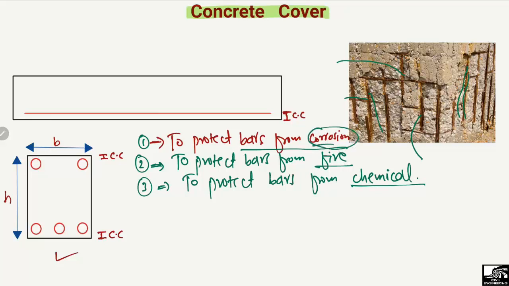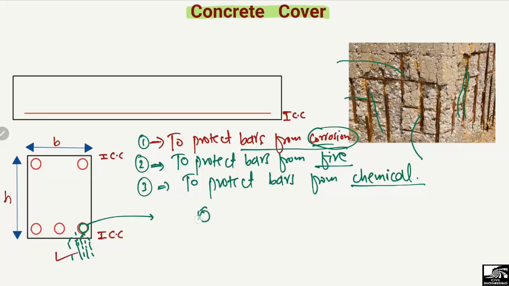What is basically corrosion? It's very important to discuss here because it is an important phenomena for the steel reinforcement when we don't provide enough concrete cover. So basically, if this is a steel bar, what happens? The chloride enters from the outside environment to the steel reinforcement and it reacts with the steel bar.